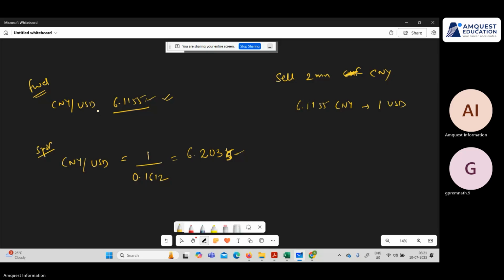Right. So can I say that my 2 million CNY is how much? 327,040. Yeah, 327,040. That many USD.